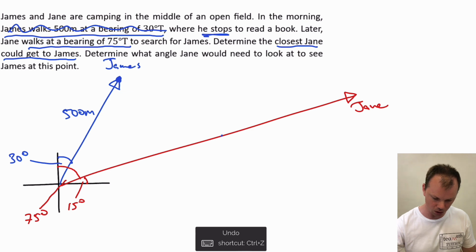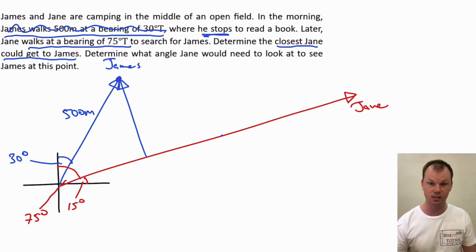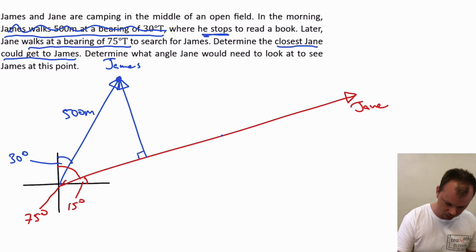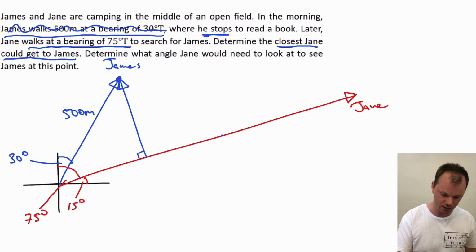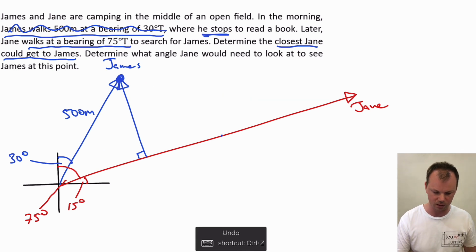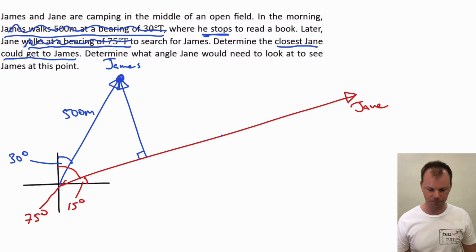The closest it's going to be, and this is a very common principle that you see in these types of questions and geometry questions in general, is that the closest distance between a point up here and a line is perpendicular to the line. So we've got a perpendicular line in here. It doesn't make any sense to have something over here. It's going to be perpendicular to the line.